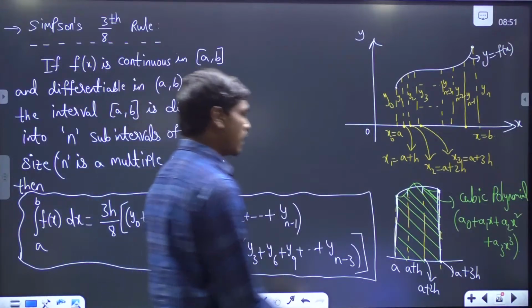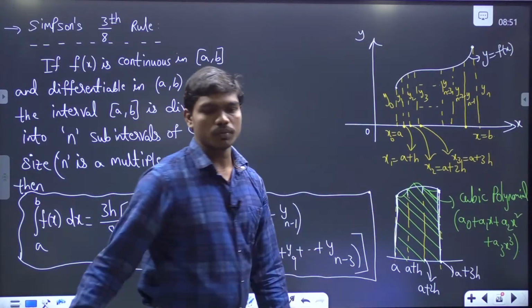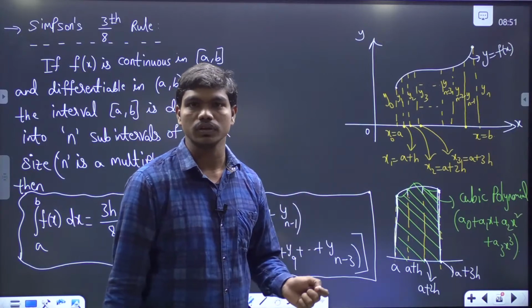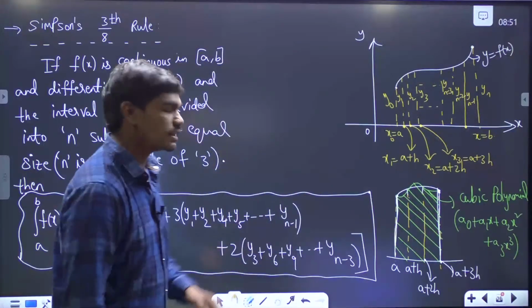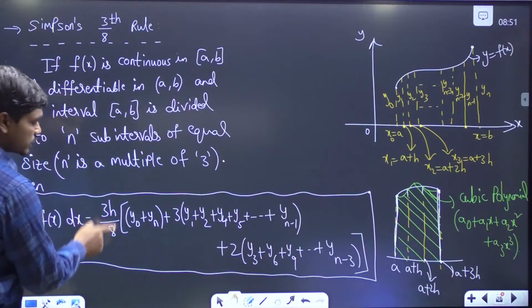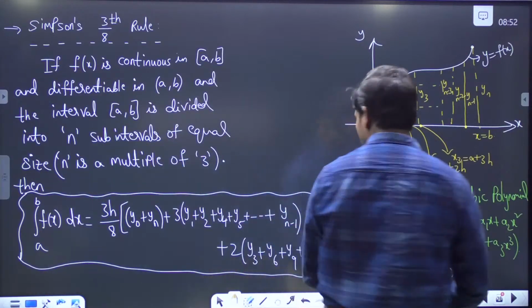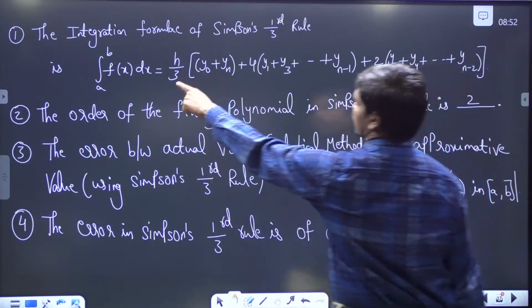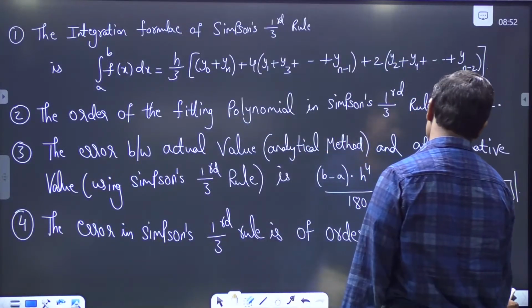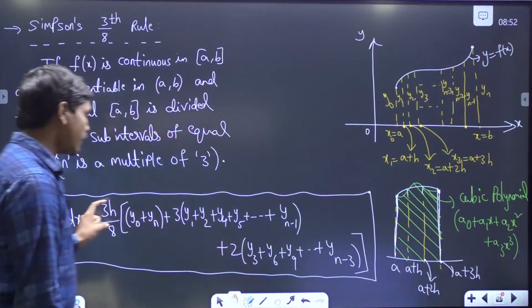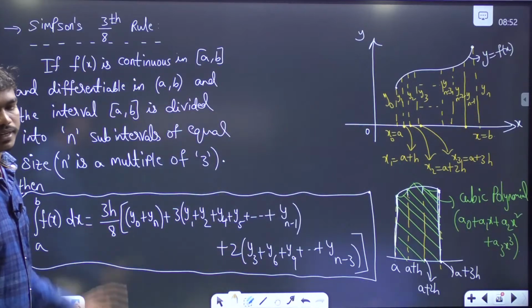Now in exam, if they don't mention 1/3 or 3/8, go for 1/3 by default, because the calculations in 3/8 are a bit more. The 1/3 and 3/8 are just given by the variation in these coefficients; both are given by Simpson. They are identified by the constants multiplied with h.